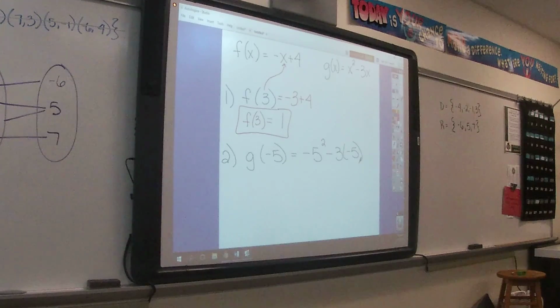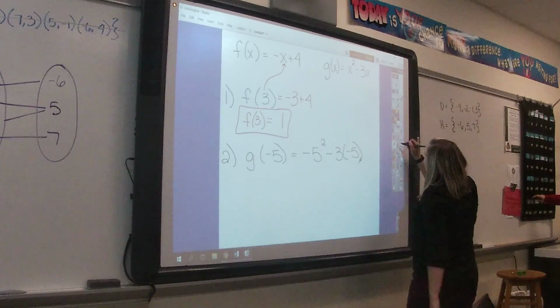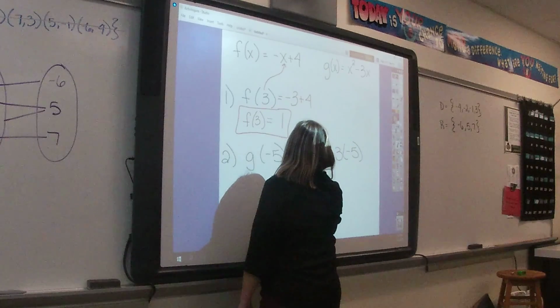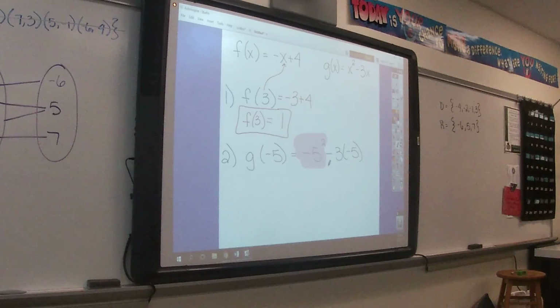Everyone pick up a calculator and put into your calculator negative 5 squared, that part that I highlighted right there.